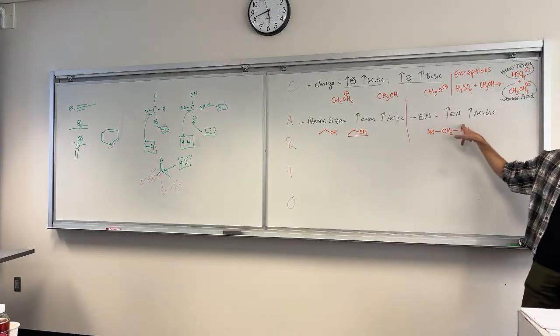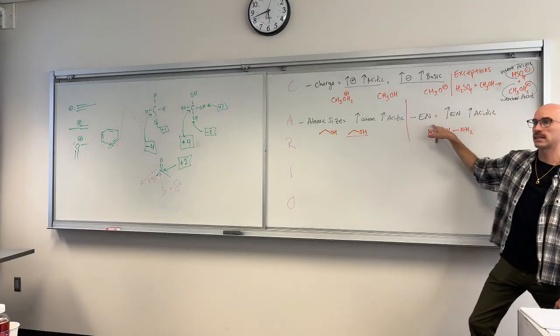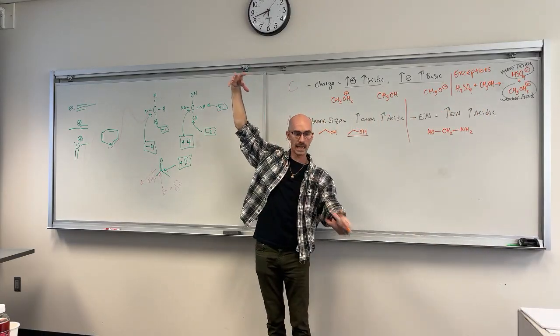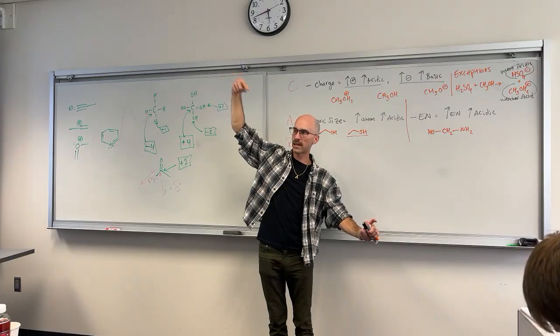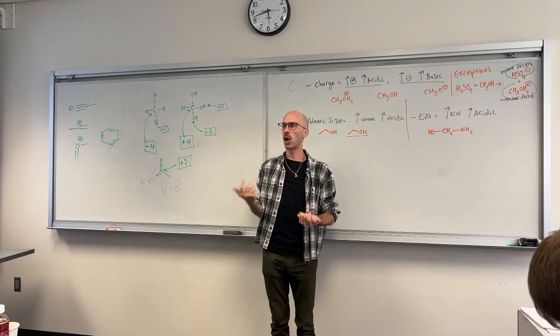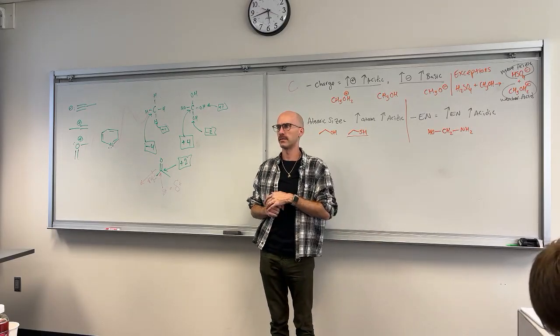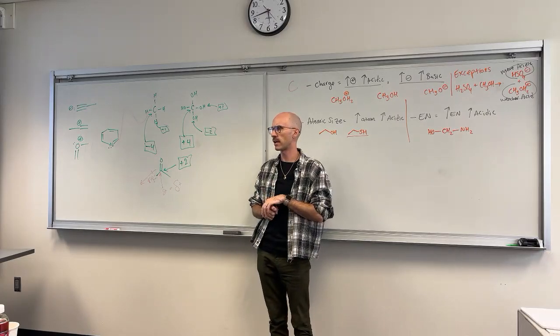But in a row, acidity trends by electronegativity. So in general, you can combine these and say that if you are comparing things diagonally down to the right of the periodic table, it's going to be a stronger acid. So, for instance, carbon, CH, versus iodine, HI. Which is a stronger acid, CH or HI?